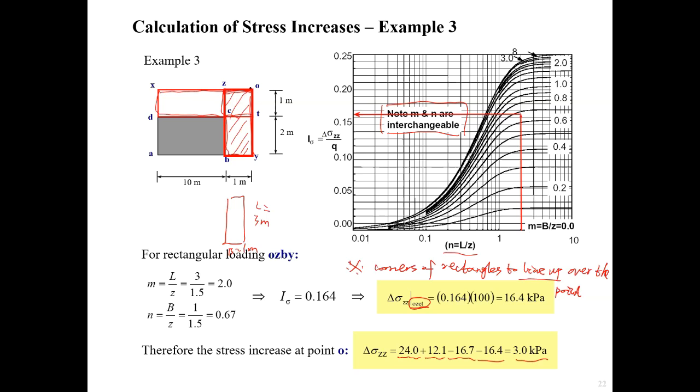Currently, the point we are interested in is the point O. If you do that, then you can successfully compute your stress increase for any point outside a rectangular loading area.